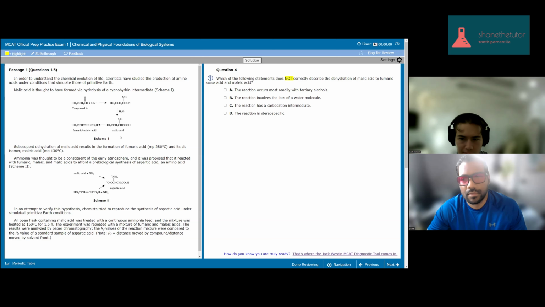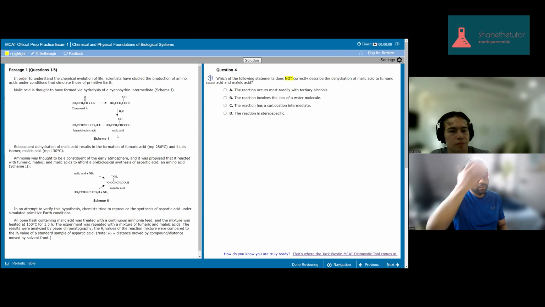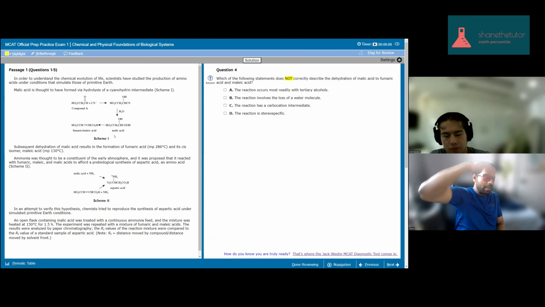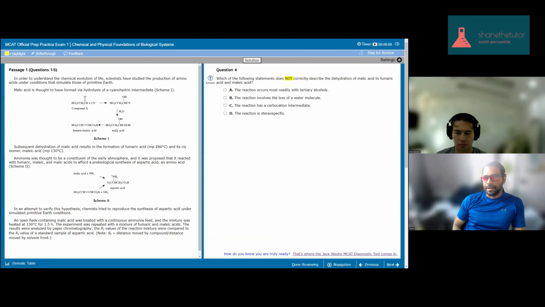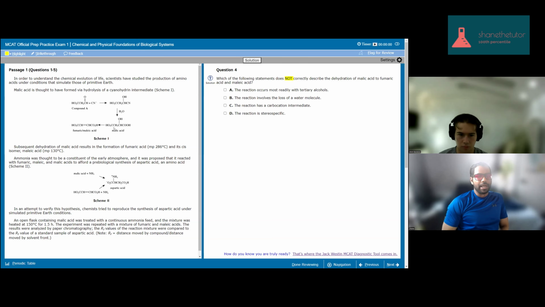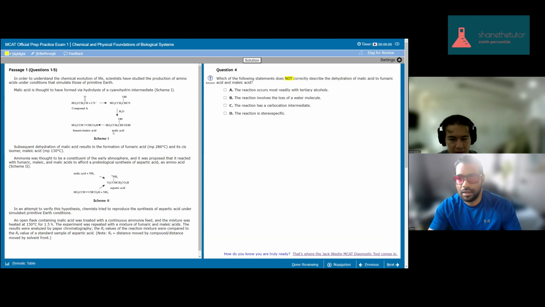So what do they mean when they say tertiary alcohols? I mean, it's attached to a carbon that's attached to 3 carbons, right?